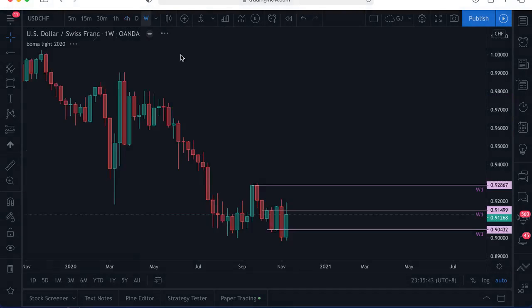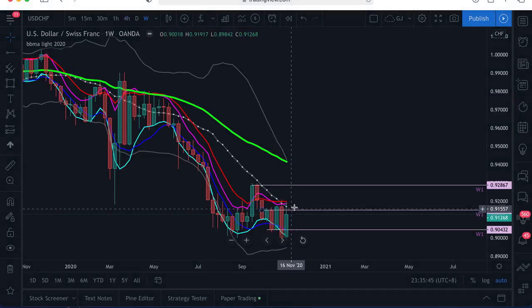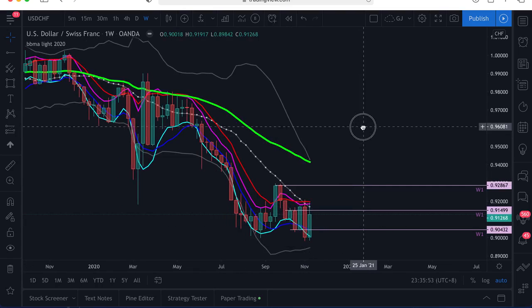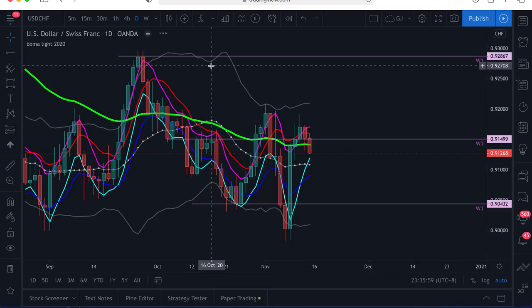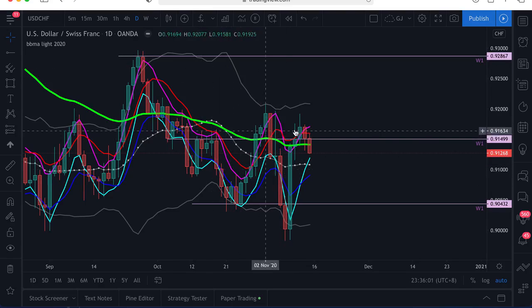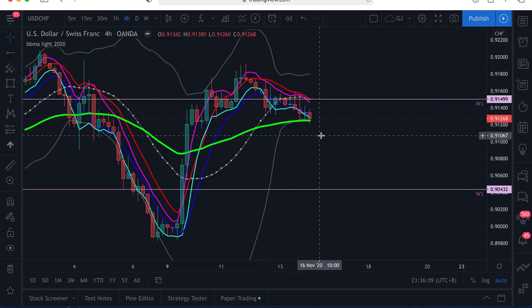USD CHF in weekly time frame price is here. It's already at the MA 510 high. We expect it to go down if it ever want to go up even. So this is a re-entry sell, and if we take that as re-entry sell, this will become our MHB sell. On H4 price is currently making a CSM sell, and it's not really a CSM sell yet.